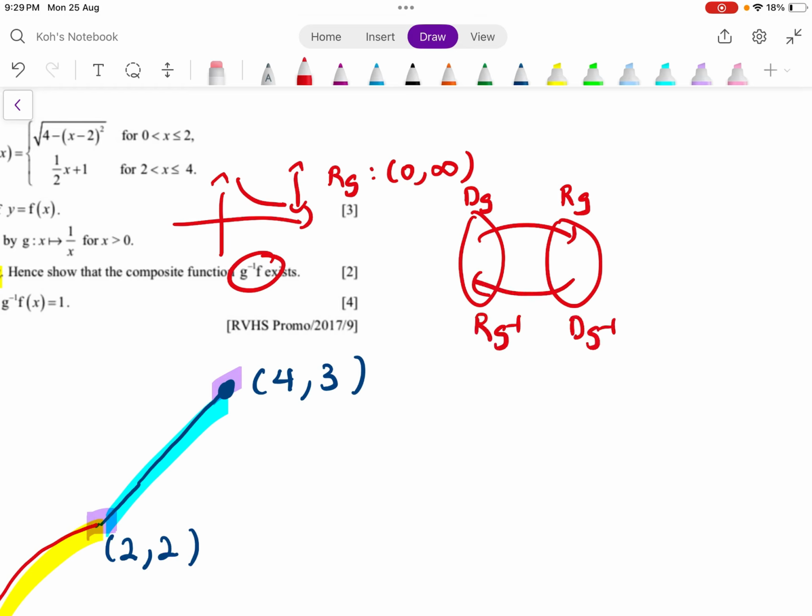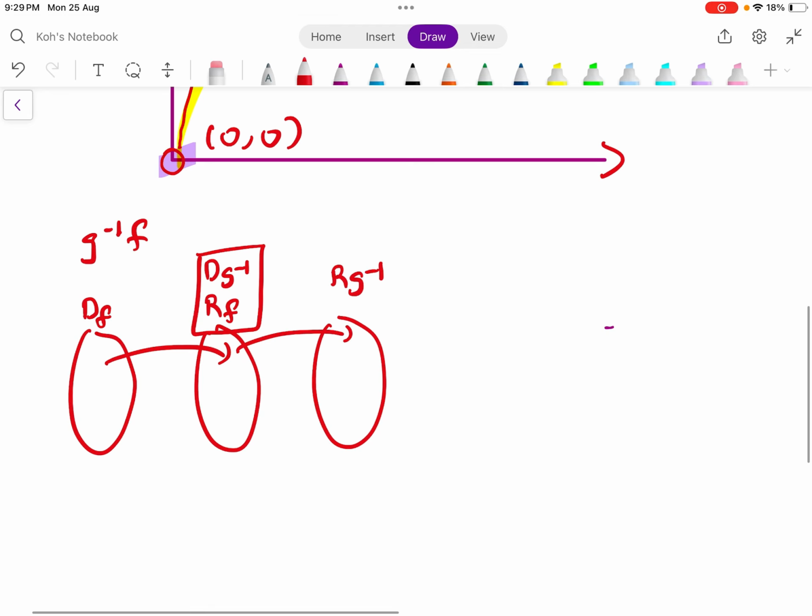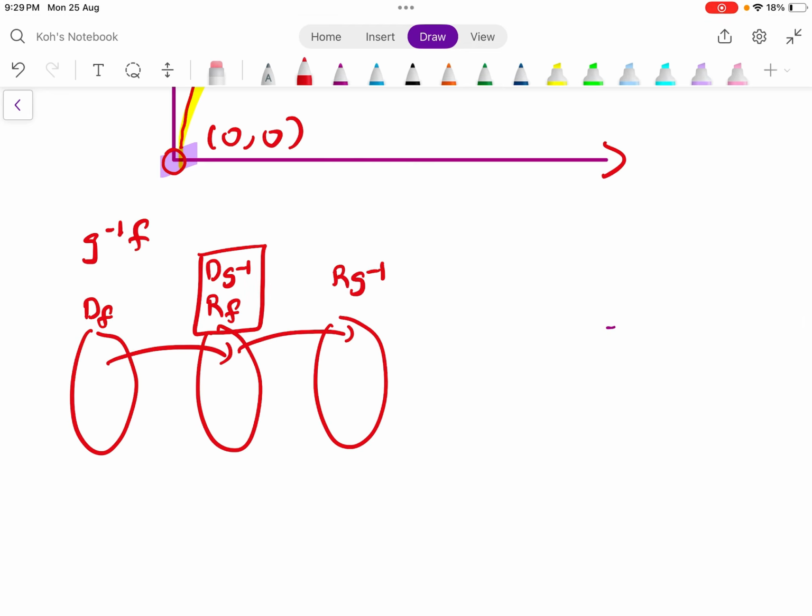So our domain of g inverse is actually equal to the range of g, which is 0 to infinity. So with this, I can get the thing ready. Domain of g inverse is equal to 0 all the way to infinity, non-inclusive.